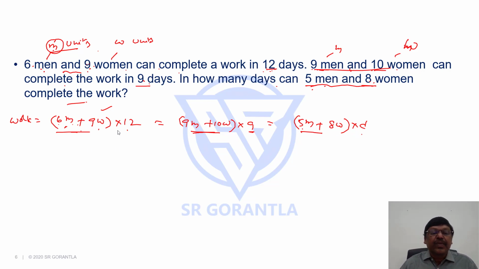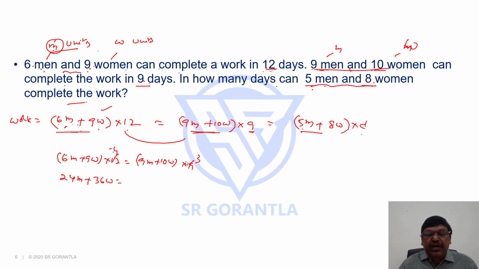Let's equate these three. Now let's equate the first two. We have (6M plus 9W) into 12 equals (9M plus 10W) into 9. If we simplify, 3 3s, 3 4s, let's multiply 4 into 6, 24M plus 36W equals 3 9s, 27M plus 30W.